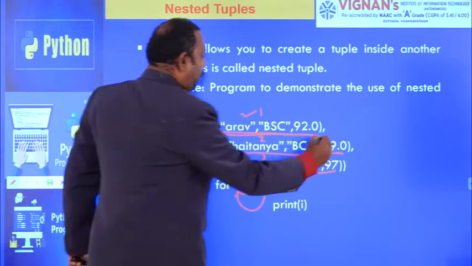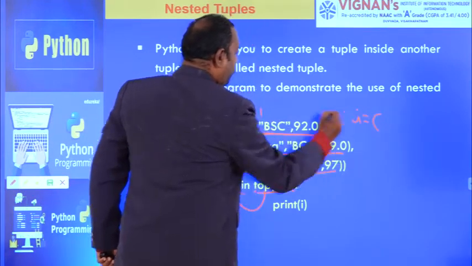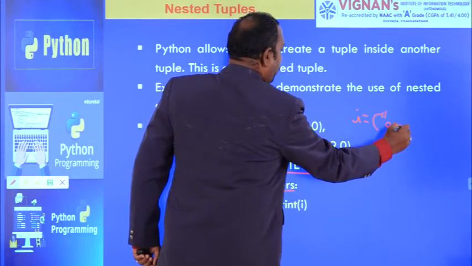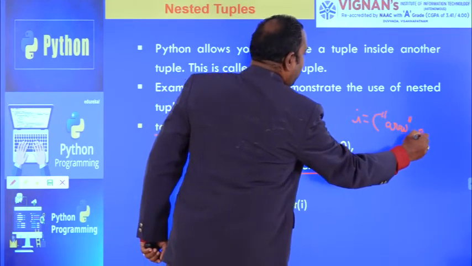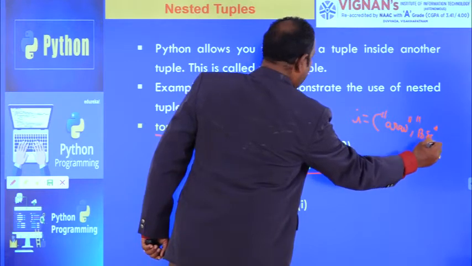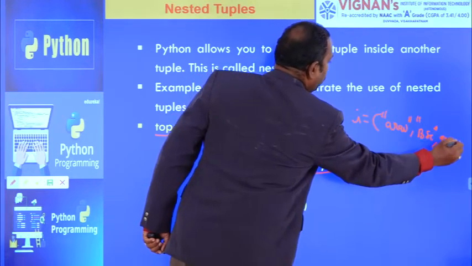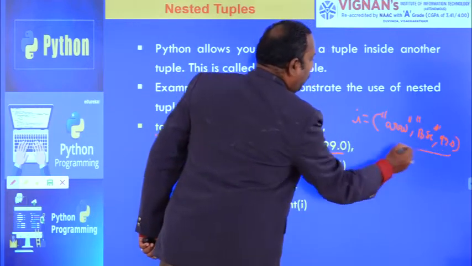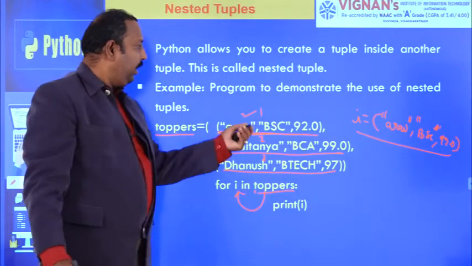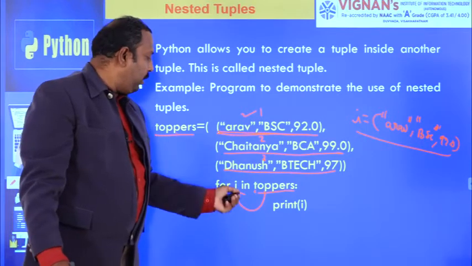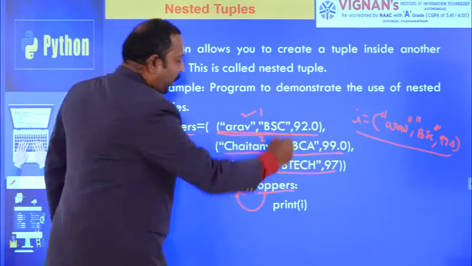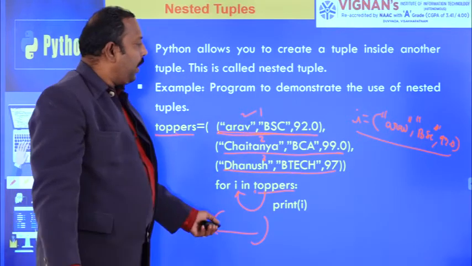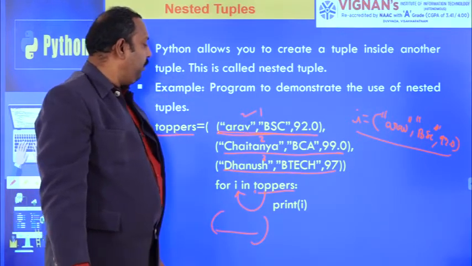Suppose you have RO, BSc, 92.0. So this will be assigned to i. Print time, that value will be printed. That means RO BSc 92.0 will be printed.